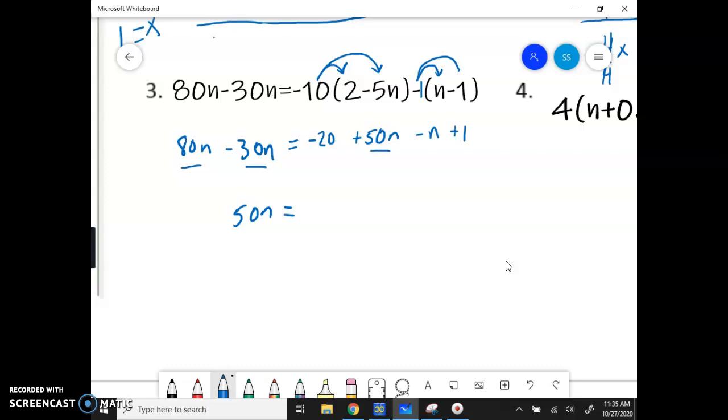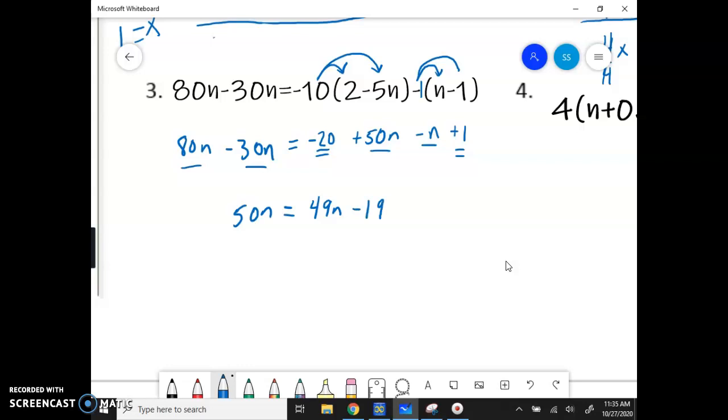Okay, so I've got my variables to combine and then also my constants. So 50n, take away one of those n's, I'm going to have 49n, and -20 plus 1 can equal -19.